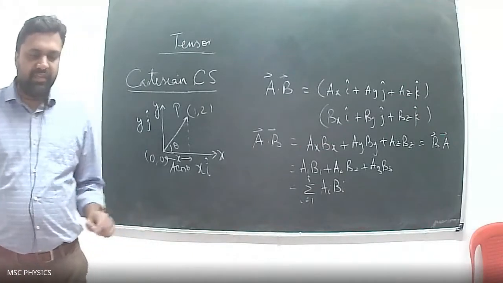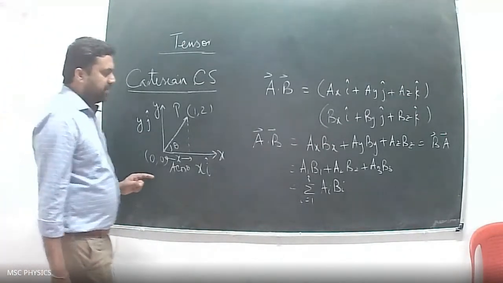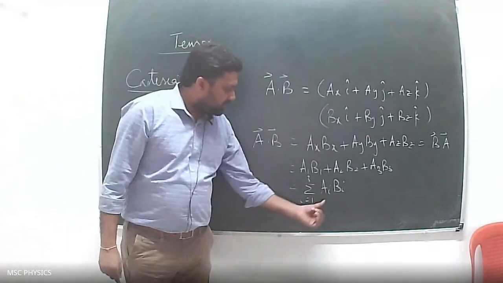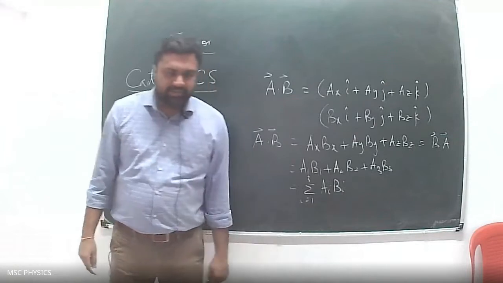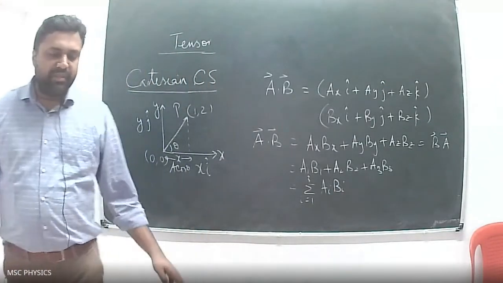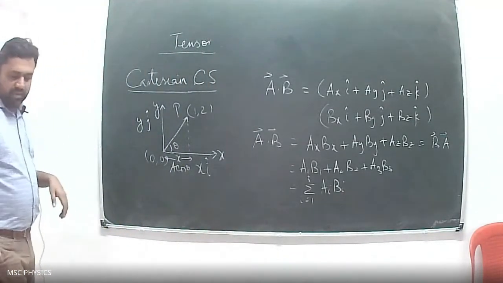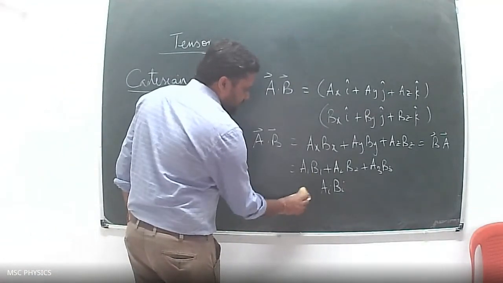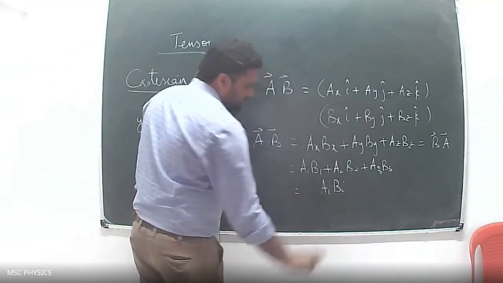Yes, sir. And we can use the summation convention also now. Summation convention says that if the indices are being repeated, here is i, here is also i, then sum is implied, right? Even if I do not put it, that means that it will be summed. All the repeated indices will be summed over.